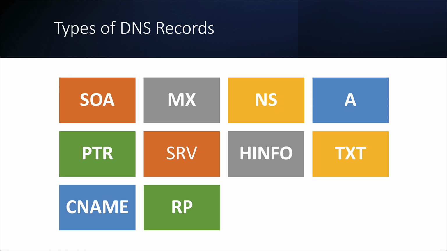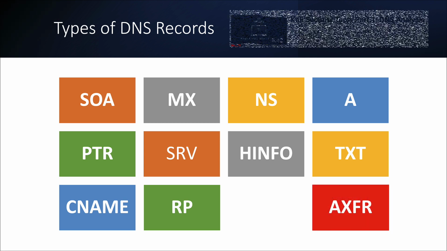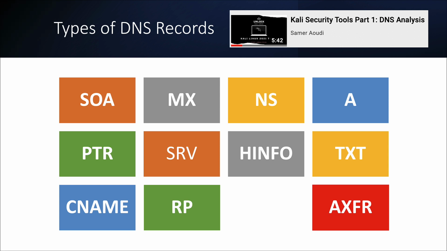One security risk in DNS server is something called a zone transfer, which refers to enumerating all the DNS records that you see here in front of you using a special record called the AXFR record. And we do that usually from a single host on the domain.